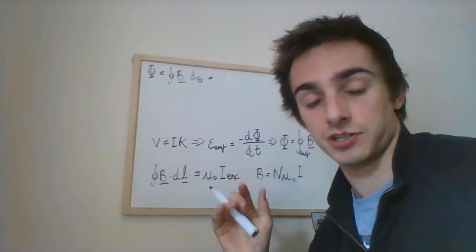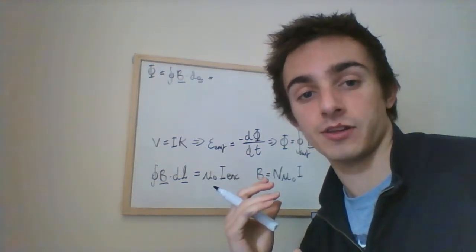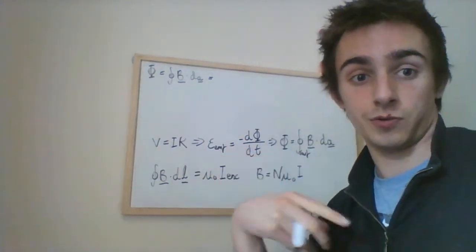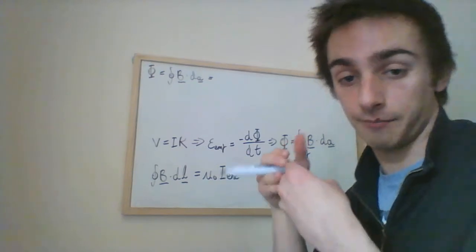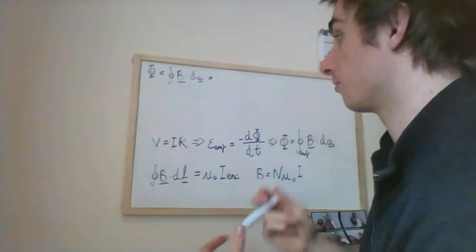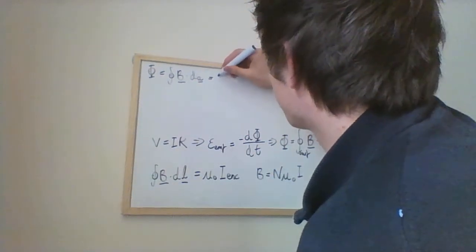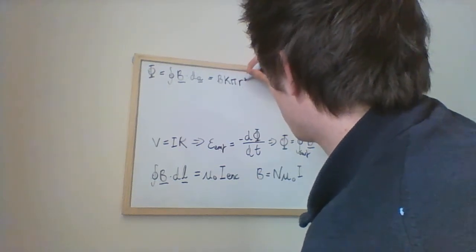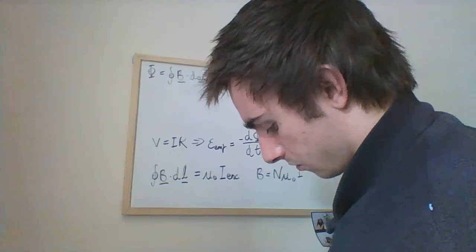So we know our expression for the area of a circle is pi r squared, but it also is k loops, so we need to multiply that for every loop of wire that's going through. B k pi r squared.